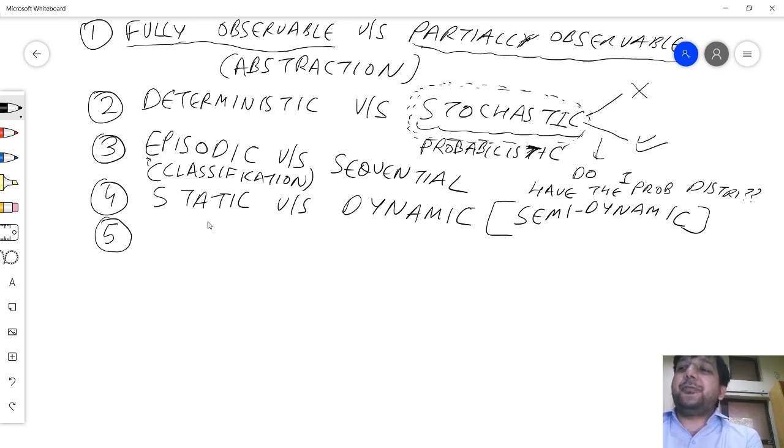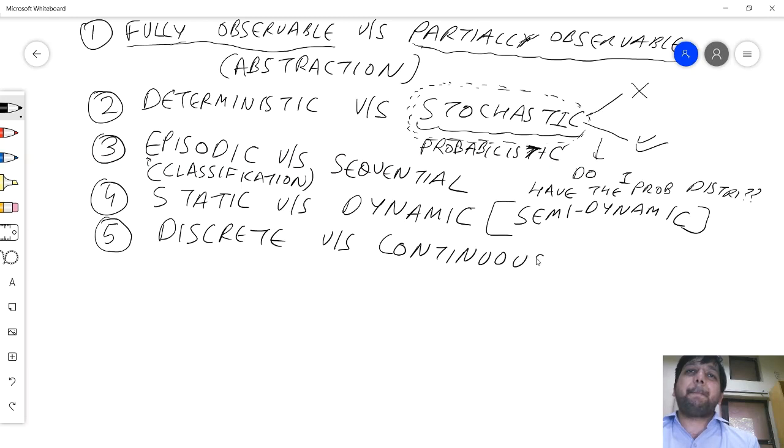Let's go, very quickly, to discrete versus continuous. So of course you know that this is discrete and this is continuous. There are infinite elements over here. I don't need to tell you. Exactly the same thing.